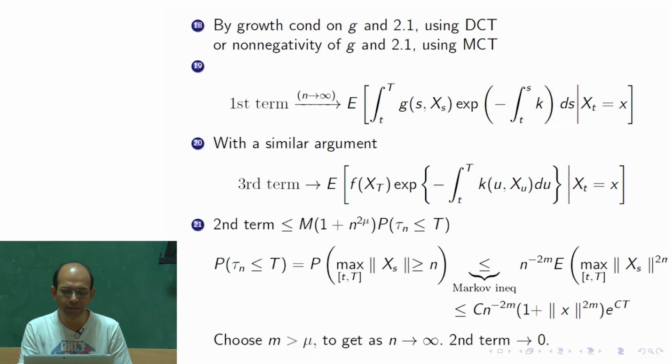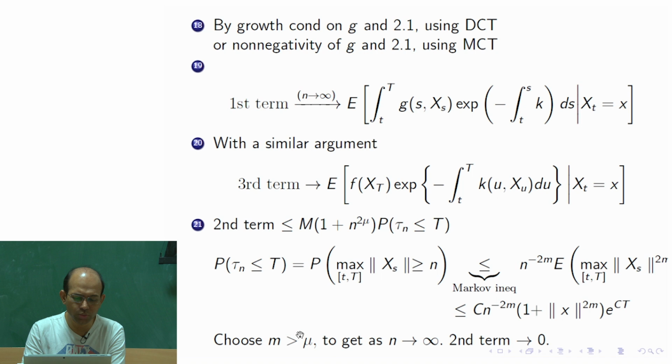That is what we are using here, and then we take the 2m to the other side to get 1 over n to the 2m. For this we again use the inequality we obtained earlier, a constant times e to the power of c t. However, I have n to the power minus 2m, and as n tends to infinity this converges to 0.